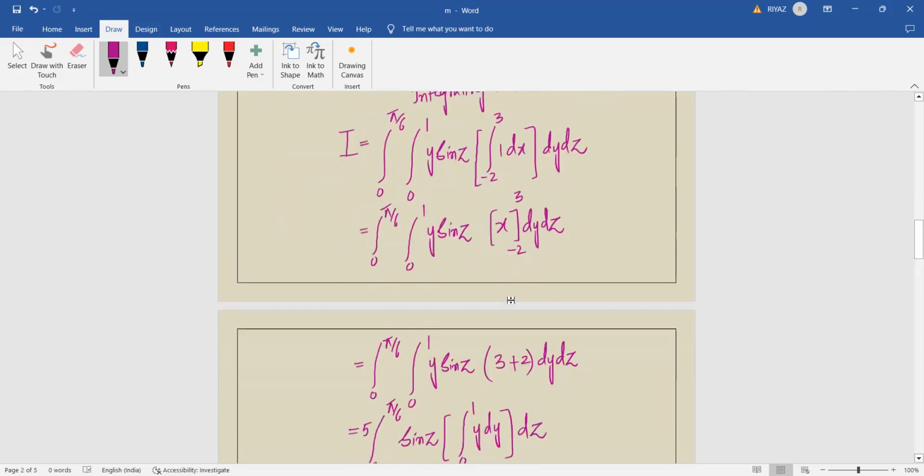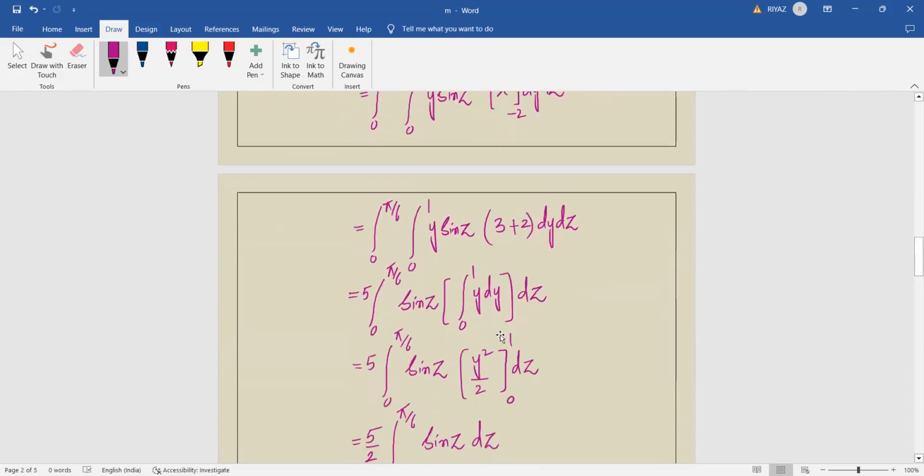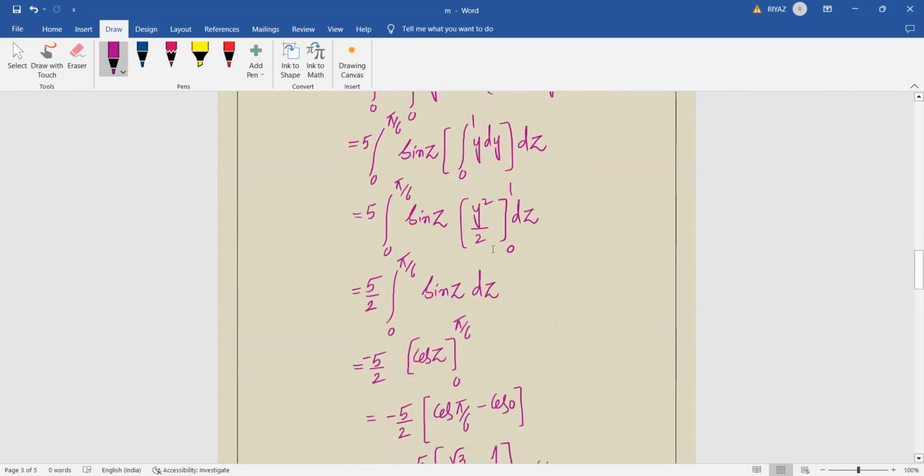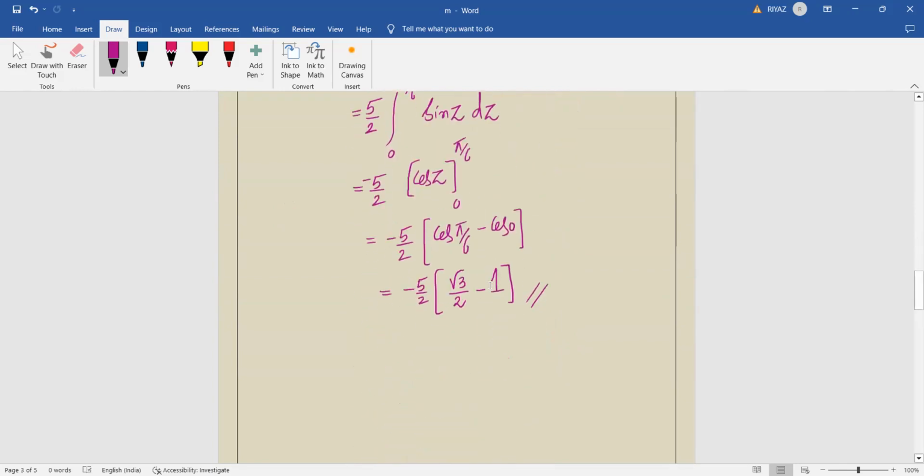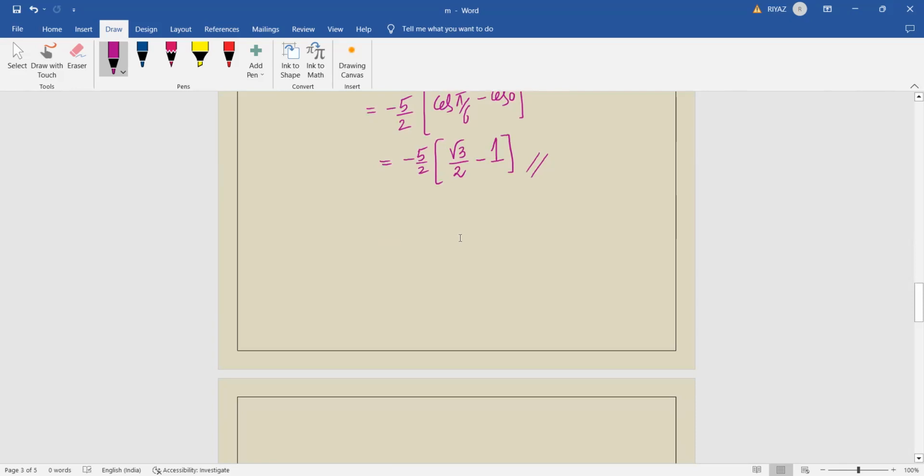Then after substituting the limit, no more x is available. Then with respect to y, after substituting, no more y is available. Finally we integrate with respect to z, and we finish the problem. If you want, you can multiply. This is minus 5 root 3 by 4 minus into minus plus 5 by 2 also. That option is yours, otherwise no need, no problem at all.